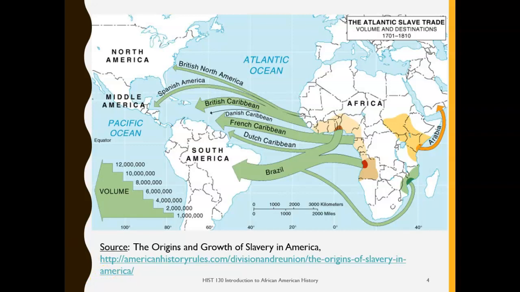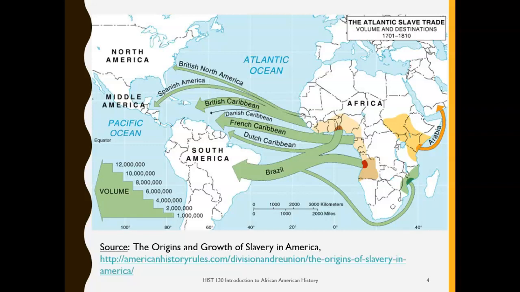So this is the map I was telling you earlier. This map shows us that the majority of the slaves who were brought to America came from the western and central part of Africa, and very few of them came from East Africa.